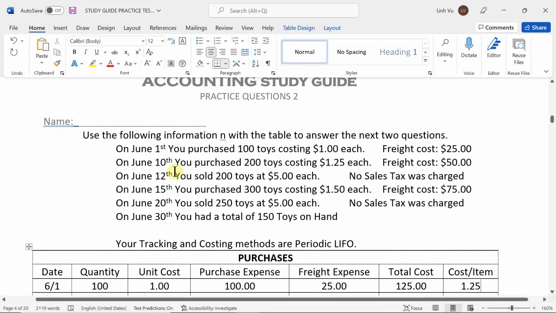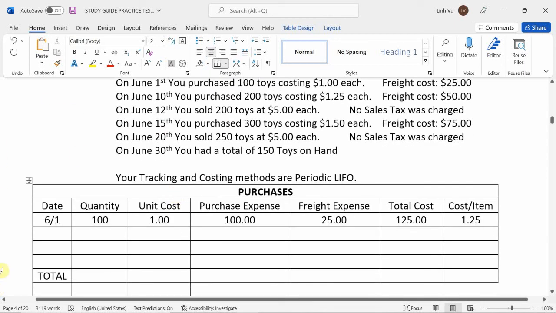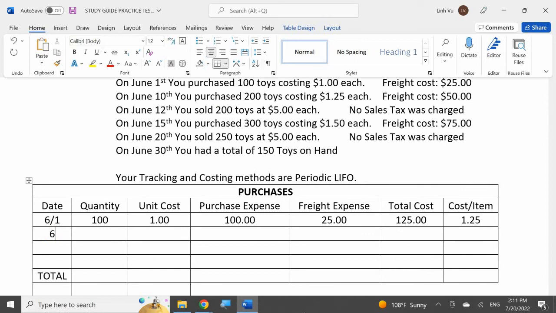Good. And on June 10, you decided to purchase another 200 toys costing $1.25 with a freight of $50. So on June 10, we purchased 200 units at $1.25 with a freight of $50.